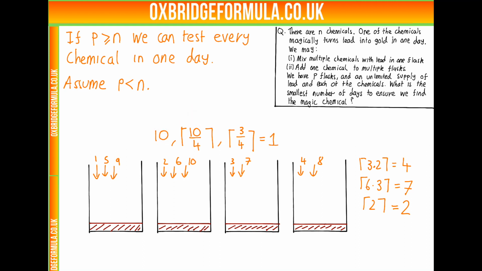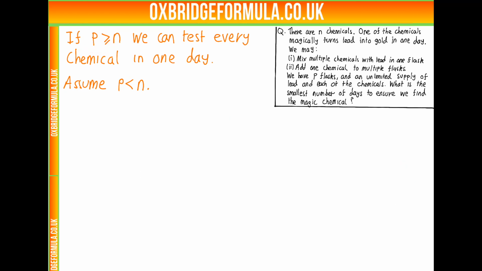We've got 1 day to do our first set of tests and then a second day here. So we've got 2 days worth of tests for N is 10, P is 4. We're happy that this is the best strategy. We now need to generalise this to integers N and P, assuming P is less than N, because we've already done the easy case.